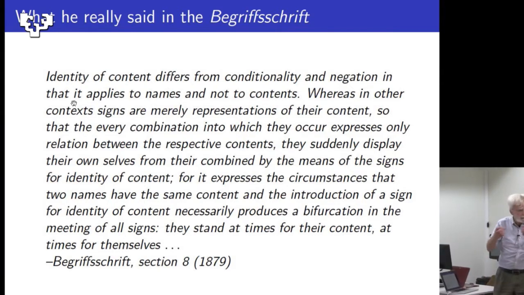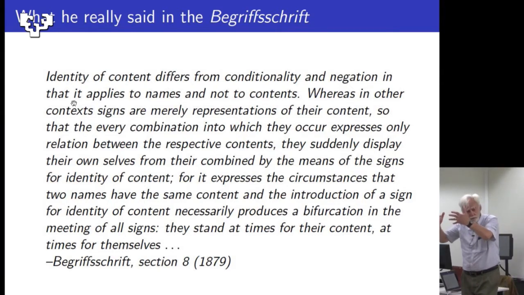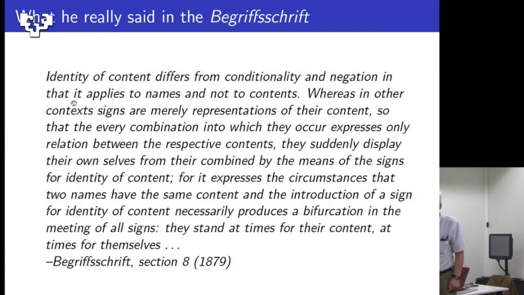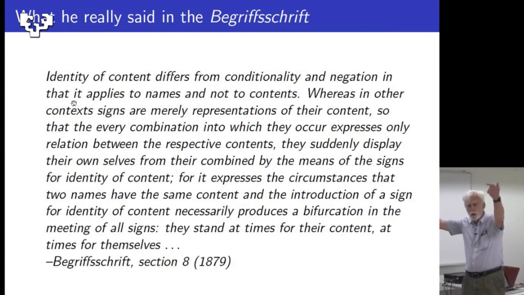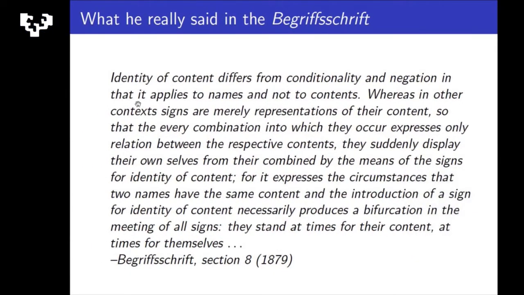Now by content, in the Begriffsschrift, he's just got expressions and references, Bedeutung, Bedeutungen. And those are contents. So the content of John Perry is me, not a sense of me or a function from possible worlds to obscurity or something like that.